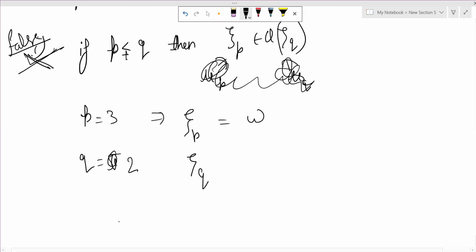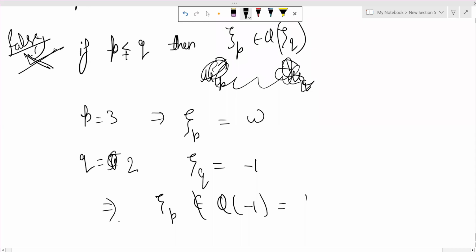What is the second primitive root of unity? It is -1. Then this implies zeta p does not belong to Q of -1, which is Q, right? Agreed or not? Here p is greater than q. Okay, we need p strictly less.